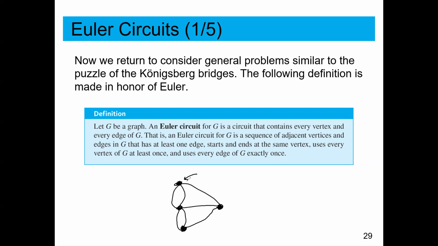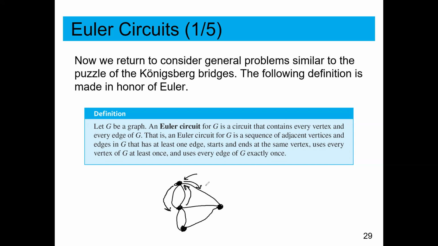So if I start here at this vertex, I have three edges to go down. If I go down this one, then at some point in time, I have to return on one of the other two. So let's say I come back in on this edge. Well, then I have to go out on this third edge.